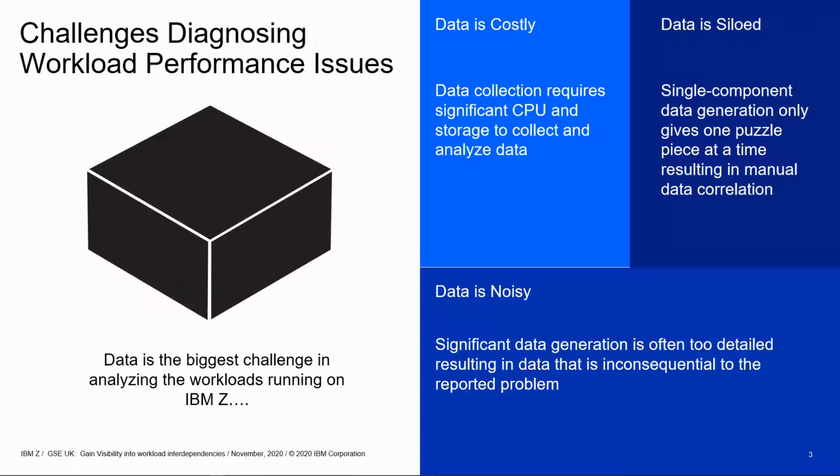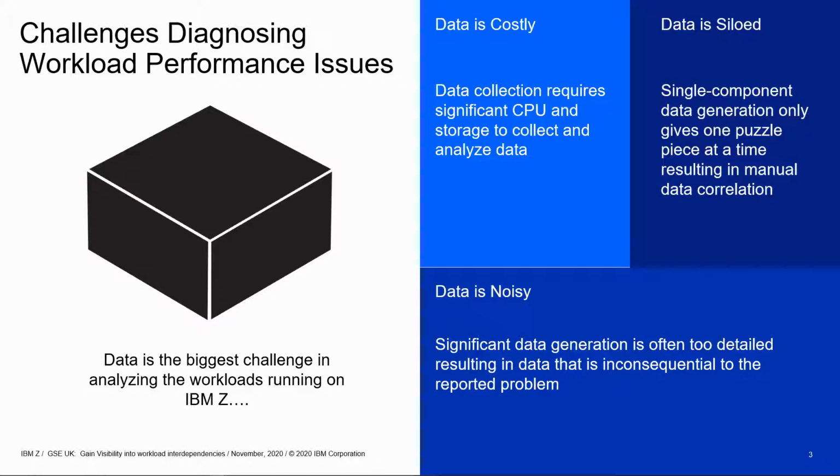And if we look at what it takes to unwrap and diagnose a lot of those issues, the biggest challenge that we have is actually in the data itself. So the data really causes us a lot of problems, for a number of reasons. The first one is, a lot of times, data is very costly.